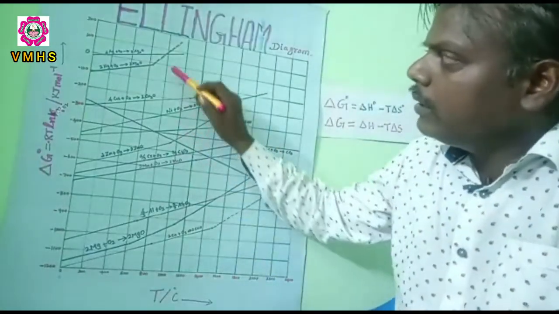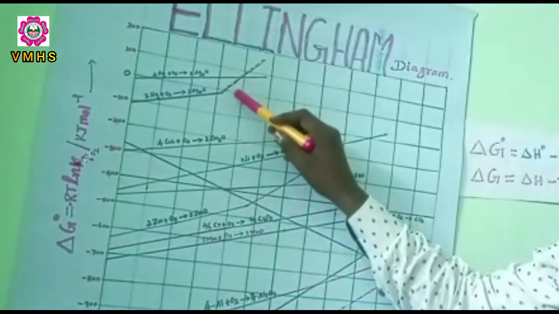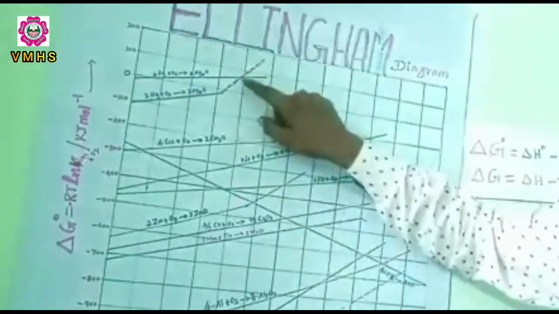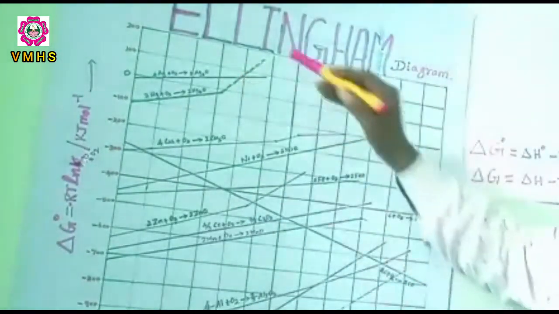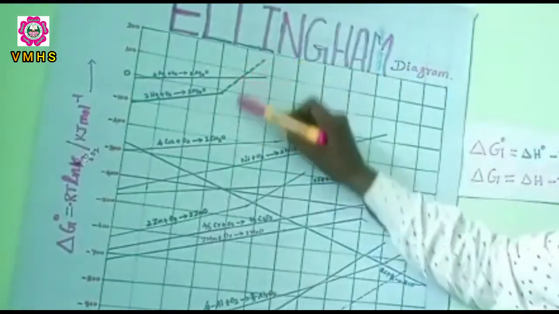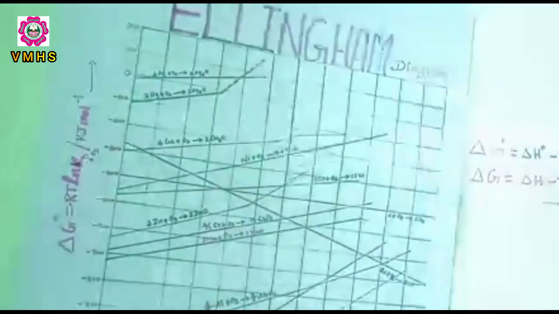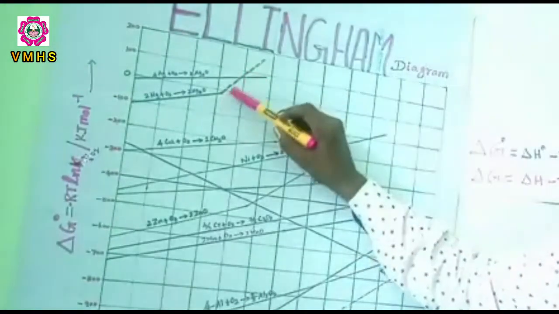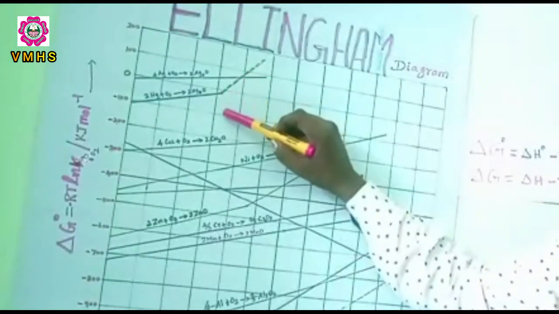Look here. It becomes 0 at a particular temperature. From this point, we can divide into below the temperature and above the temperature, right? Below the temperature, the delta G value is negative.